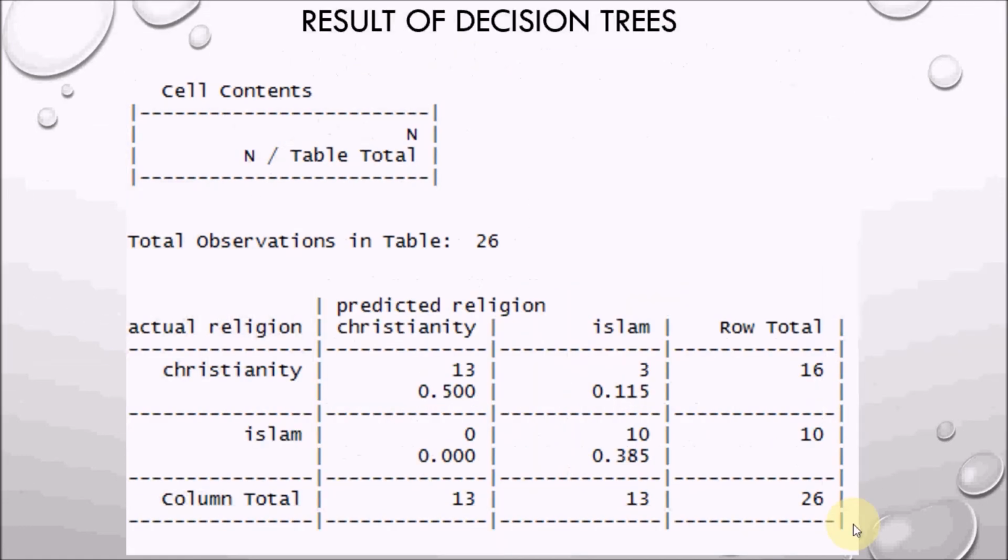Finally, this is the result of decision trees using the same data as used in the KNN model. So we have 23 observations that are classified correctly, and 3 observations that are misclassified. So the accuracy rate for this model is 0.88, and the error rate is 0.11, which is the same as KNN.